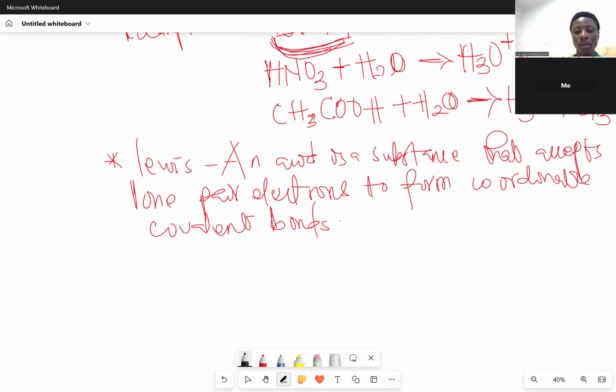So let's look at these first. Let's define what strong acids are. When we are done, I just want us to have an in-depth conversation about acids. Let's look at what strong and weak acids are.